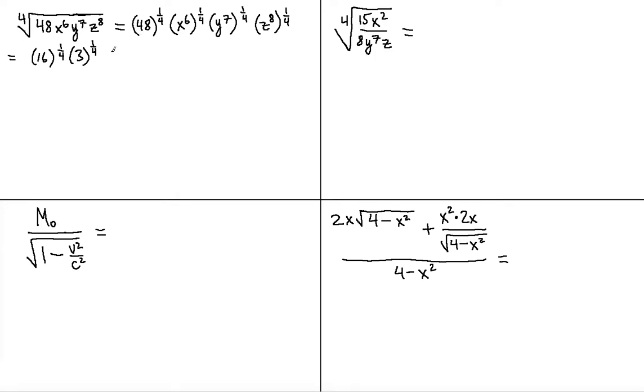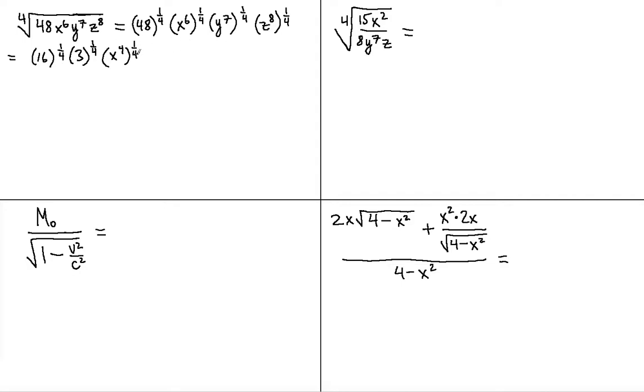Now, x to the 6 raised to the 1/4 power can be broken up, right? We know x to the 6 can be broken up as x to the 4th times x squared. So x to the 4th to the 1/4 power will give us good results because the powers will multiply, so the result will be simply x to the 1st power. So that means it will be cleared from being inside the fourth root radical.